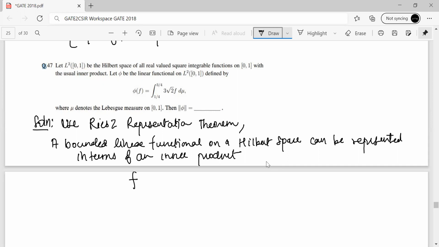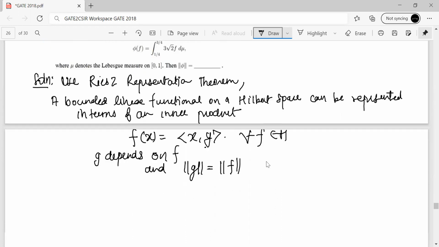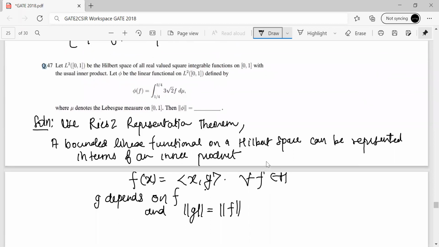That is, if f is a bounded linear functional on H, then this f of x can be written as inner product of x with G, for all x belonging to H, the Hilbert space. And this G depends on f, and norm of G is same as norm of f. So instead of calculating the norm by bounding it with some inequality, it's better to use the Riesz representation theorem.